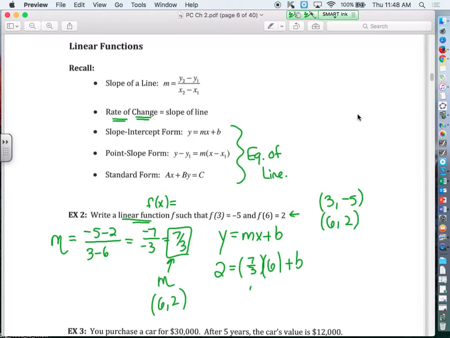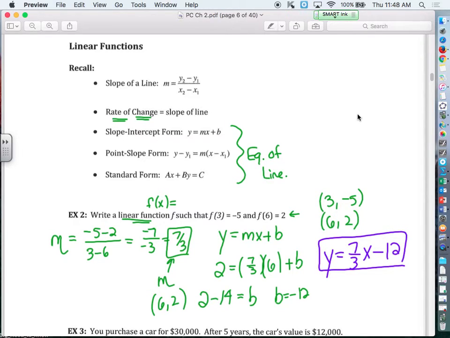And I can solve for the y-intercept then. So this is going to be 2 minus 14, and if I subtract, I get a b value of negative 12. Then if I write that in y equals mx plus b form, I'll have y equals the slope, 7/3, x minus the y-intercept, negative 12.